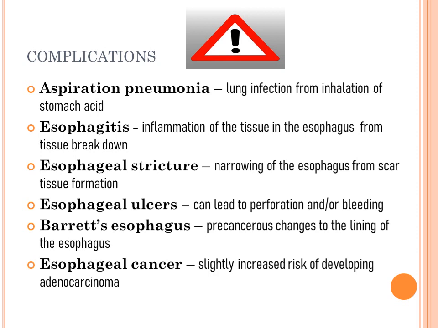Esophageal ulcers are also another complication that may occur, and they in themselves can lead to perforation and bleeding. As I mentioned before, over time, precancerous changes to the lining of the esophagus can also occur, and this is known as Barrett's esophagus. There's also a slightly increased risk of developing esophageal cancer in GERD patients, specifically adenocarcinoma.